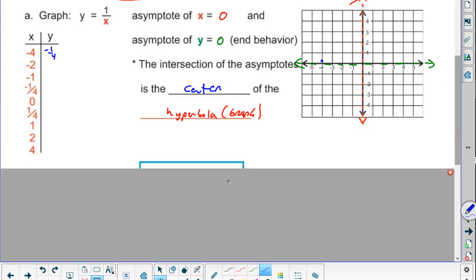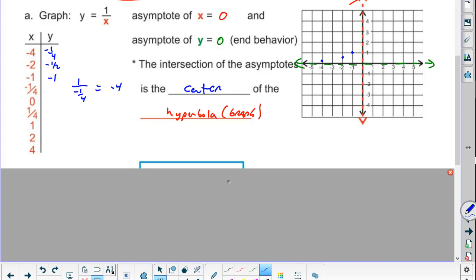Okay, so we've got -1/4. Next we do -2, we get -1/2. When we do -1, we get -1. When we do -1/4, just to be clear, this is 1 over -1/4, which ends up being -4.